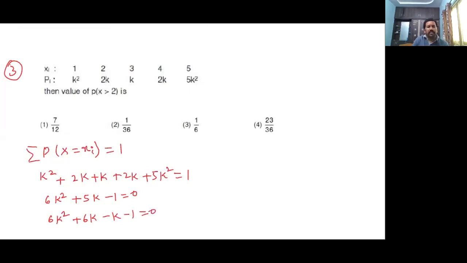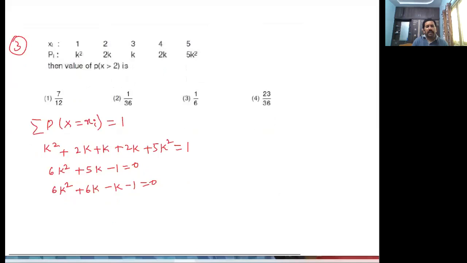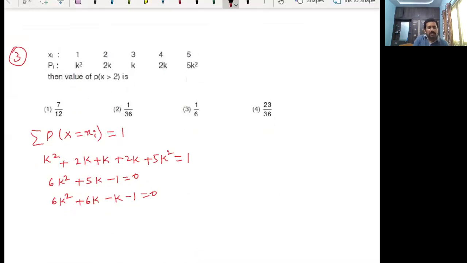This is a quadratic equation now. That's why I am going to split into factors. See the calculation. Now 6K common, remaining we get K plus 1. Here minus 1 is common, we get K plus 1 is equal to 0.